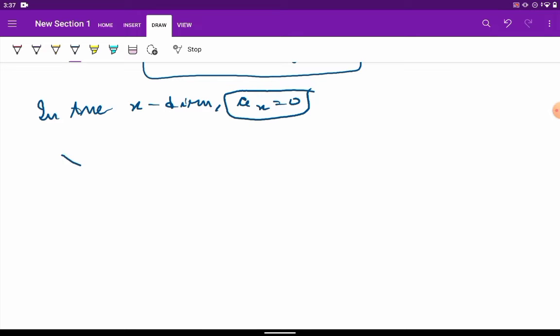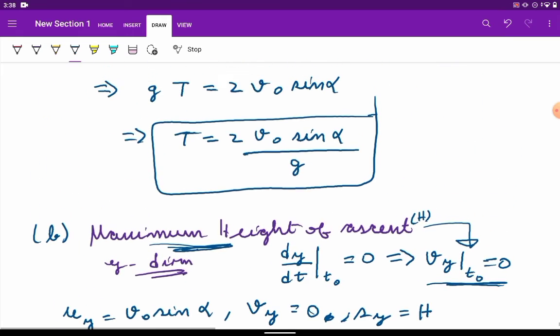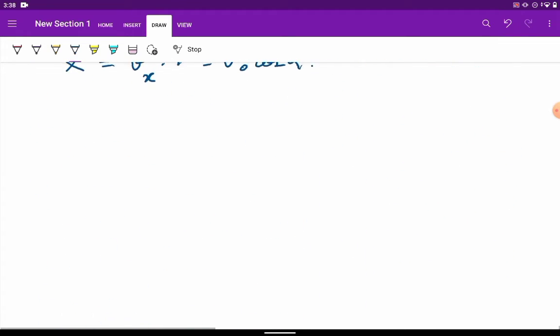So displacement x is equal to basically velocity in x direction, I can write it as Vx because it's a constant, right? Into time taken, right? Time taken is what? Capital T, which we have found in the A part. So Vx is nothing but V naught cos alpha into capital T, 2 V naught sin alpha by G.